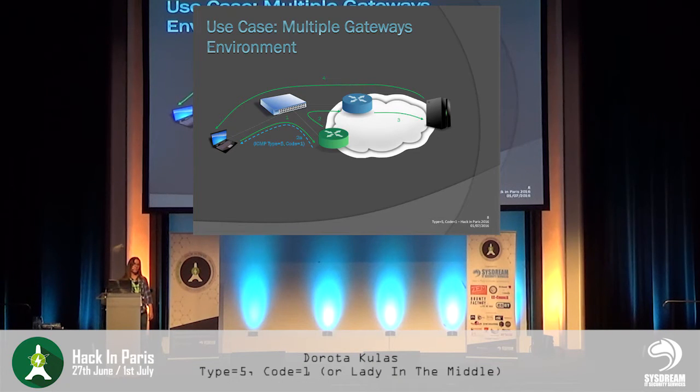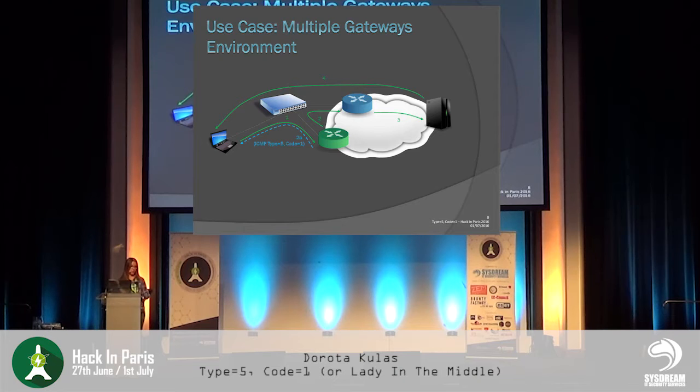Sometimes it could happen that on one subnet, and the switch here depicts one subnet, like a /24, all three devices are connected directly: this laptop, our user, and two routers are on the same subnet. Imagine that you, as a user, send the packet to your default gateway, which is this green router. The green router checks its routing table.